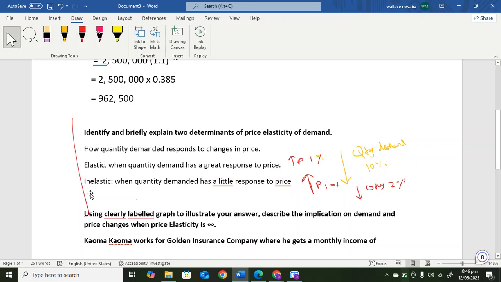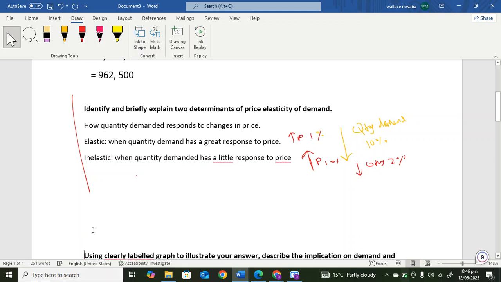So the first determinant of price elasticity of demand is number one, availability of substitutes.